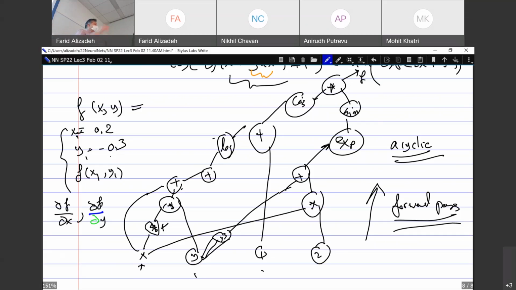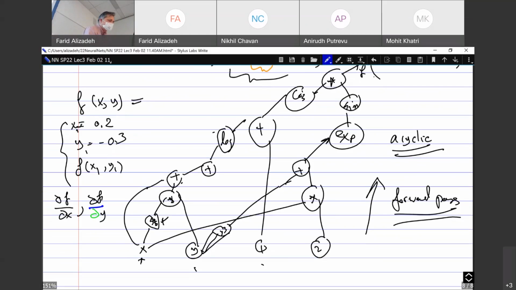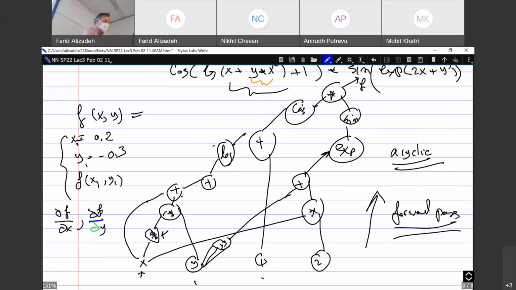So here, we start from the top and go backward. For example, I am interested in the derivative of f with respect to x. That's too far, it's a mess. So I start from the top. I know that the derivative of f with respect to f is equal to 1, at the top.